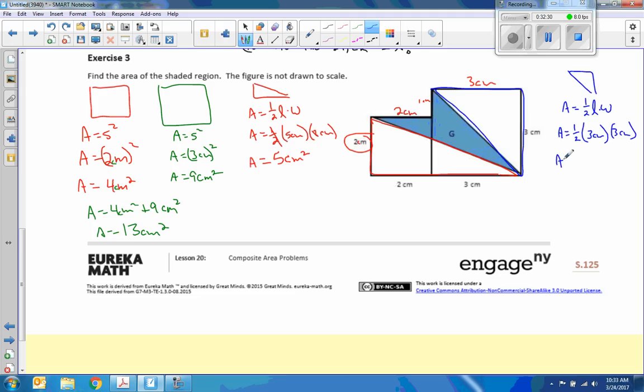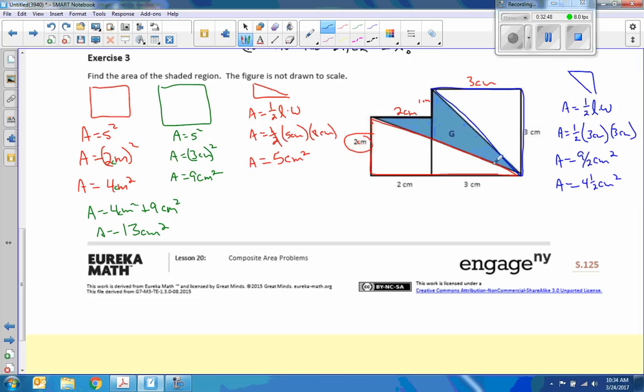So the area equals 3 times 3 is 9 halves centimeters squared, or 4 1/2 centimeters squared. Okay.